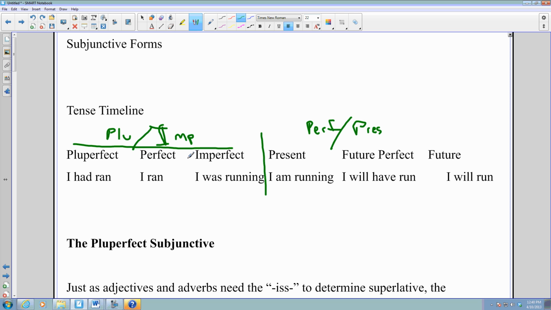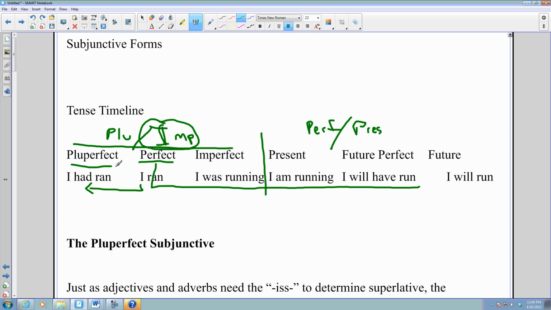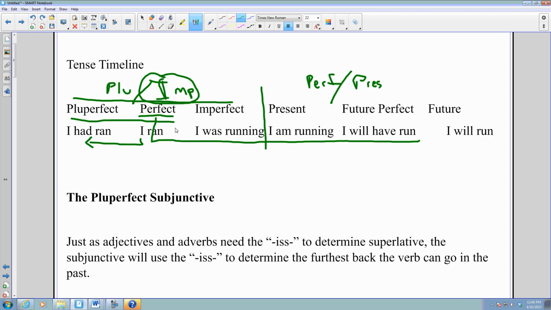If you can remember that, same time and after is what the imperfect subjunctive is going to be translated as. So if my indicative verb is perfect, and I use the imperfect, I can use any of the tenses that are at the same time or after. If I use the pluperfect, I can only use one, which is back here. If I use the imperfect indicative, then for the pluperfect subjunctive, I could translate it either as pluperfect or as perfect. Again, I'll explain that a little better when we get into some of the sentences.